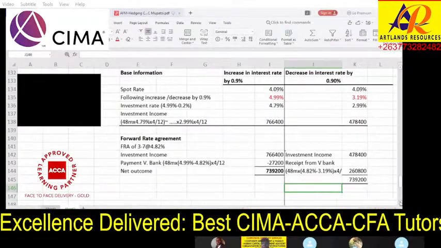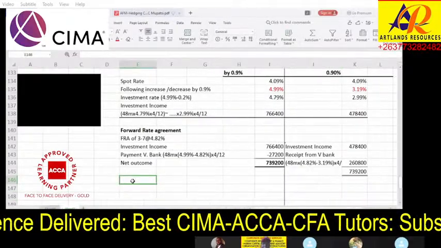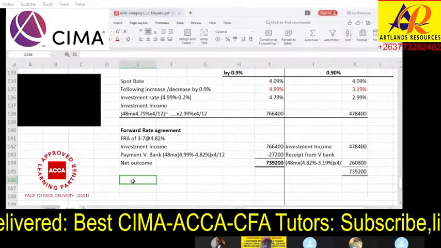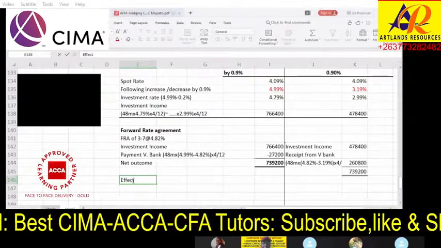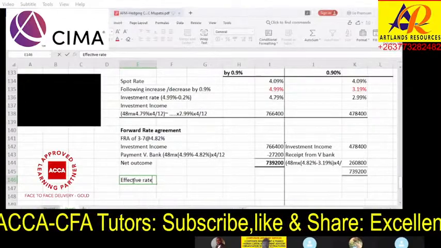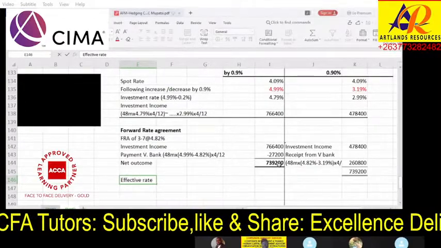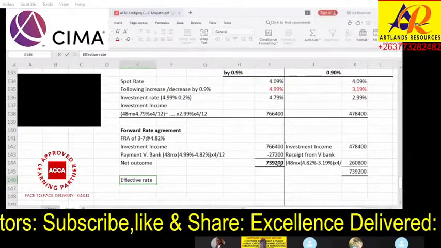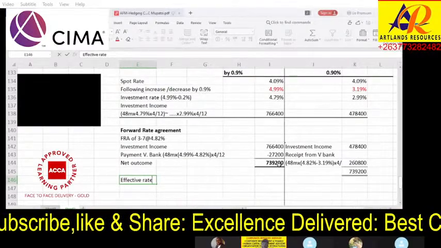So we can now calculate the effective rate. Effective rate, we are saying what we have done for 4 months, if we repeat it over a year, it will translate into what annualized rate.